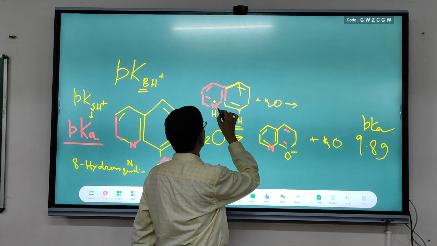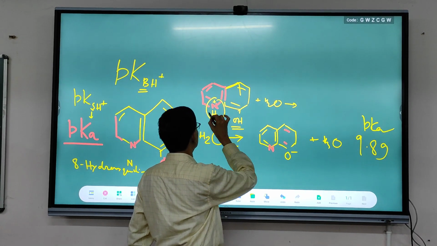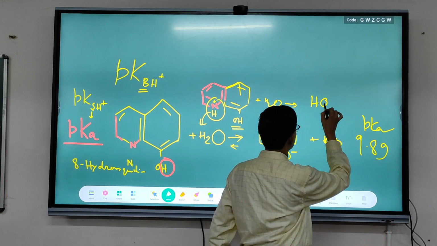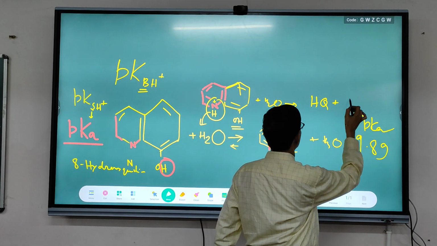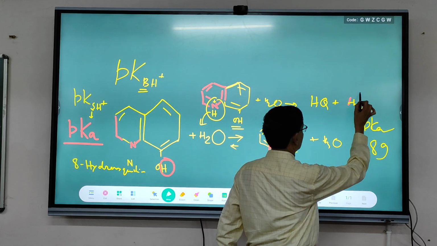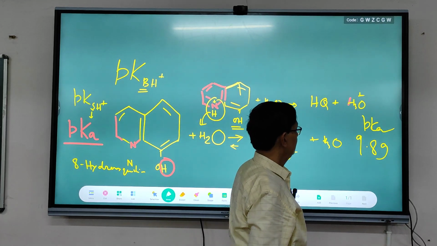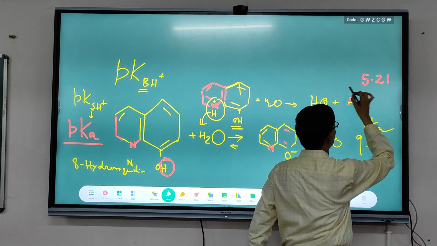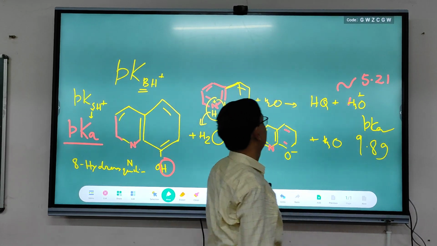So from here it will release the proton, and you will get the hydroxyquinoline and H3O+. But again, the value of pK is 5 point something, approximately 5.1. I am talking about approximate values.